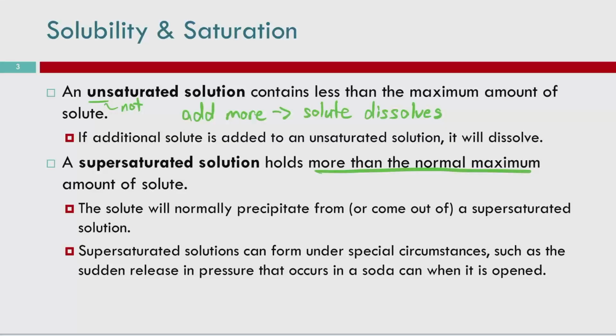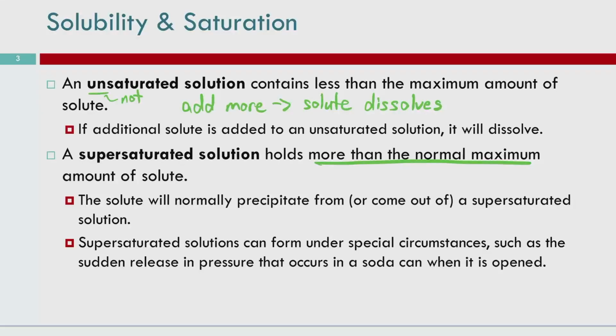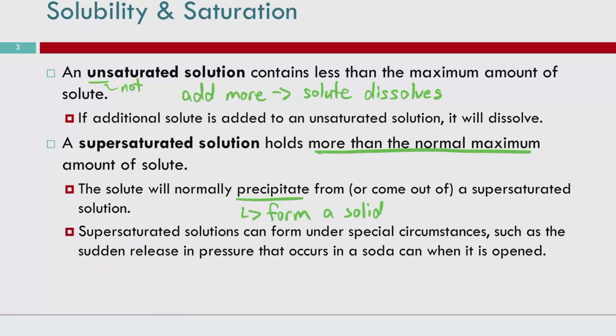They can form under specific circumstances depending on the type of solution that we have. So precipitate, here we're using the verb form. So it'll form a solid from the supersaturated solution. So if you leave a supersaturated solution sitting around and you come back later, there's a good chance that now you'll have solids sitting around even if it was previously all dissolved.